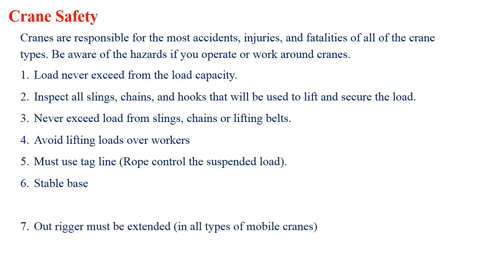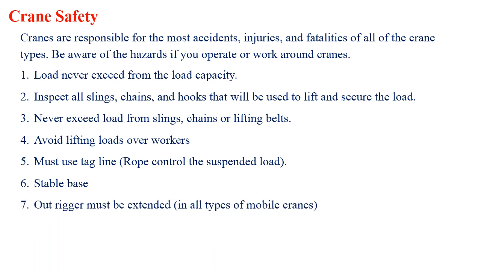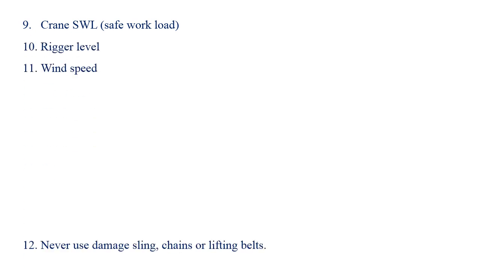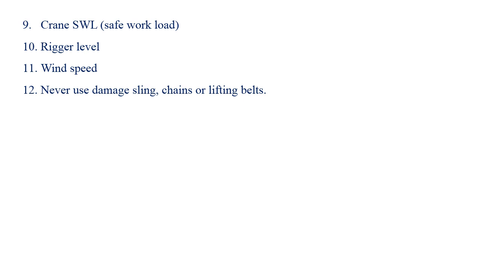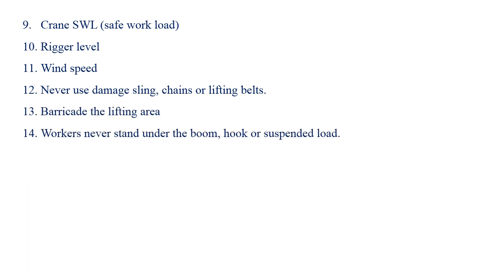Stable base. Outriggers must be extended in all types of mobile cranes. Counterweight capacity. Crane SWL, safe working load, should be checked. Trigger level, wind speed. Never use damaged slings, chains and lifting belts. Barricade the lifting area. Workers never stand under the boom, hook or suspended load.